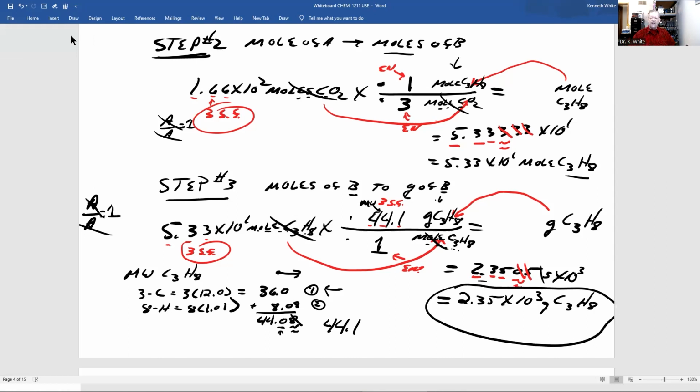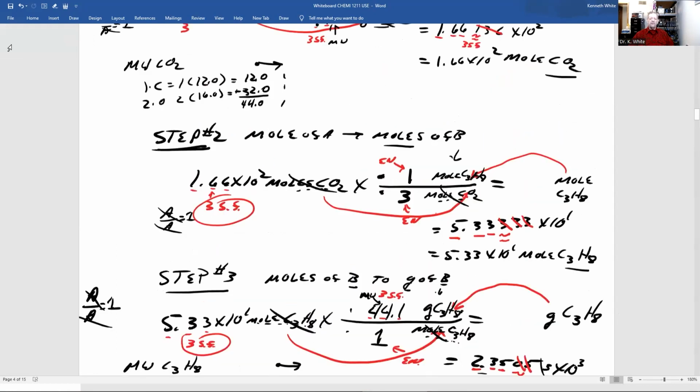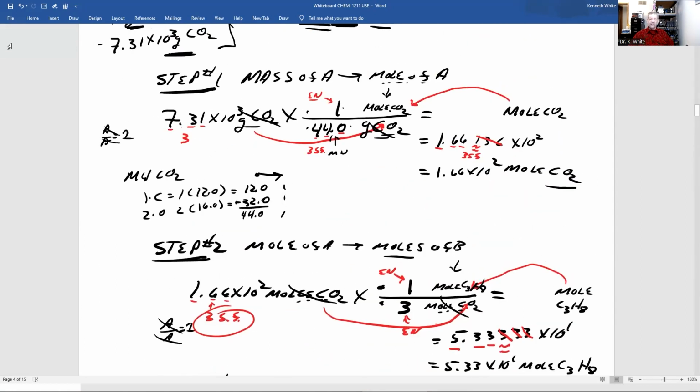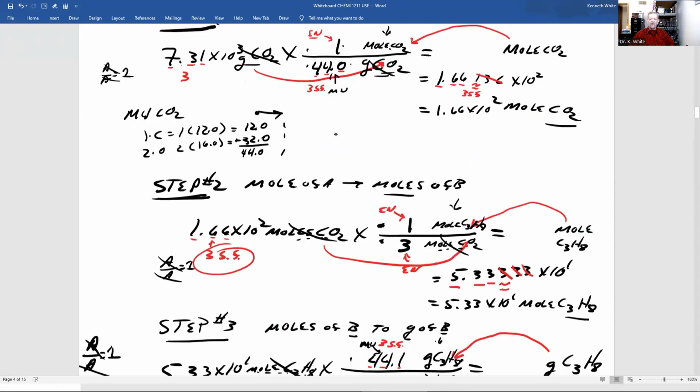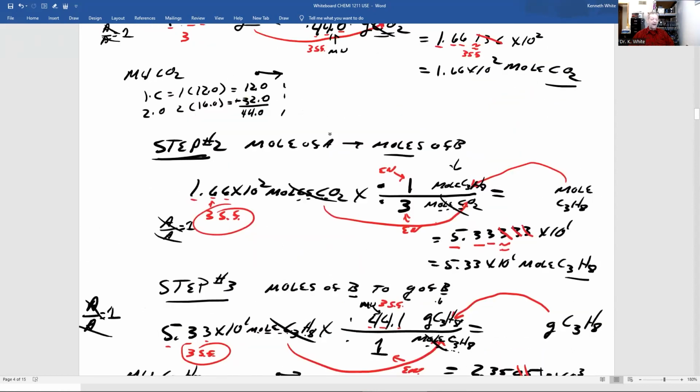Now, as I mentioned yesterday, when you do multiple step calculations like this, there are 2 ways of rounding off. One is round off at each step, and I'm a round off at each step person, or round off at the end. Now, when I do these problems here in class, I just do round off at each step.